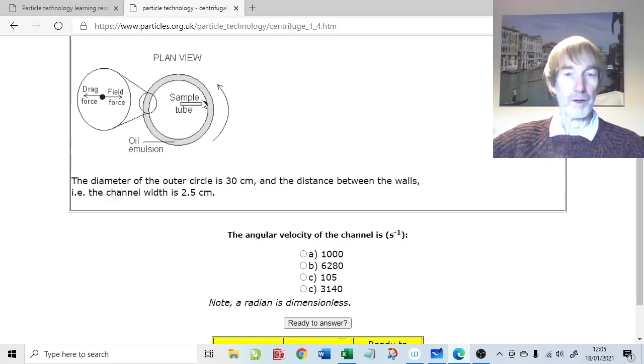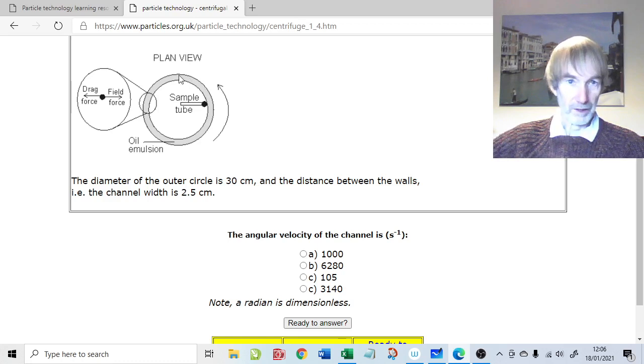And what this question is building up to is the time taken to remove all droplets in this greyed out channel, where the oil emulsion is present, to remove oil droplets of 10 microns in size.